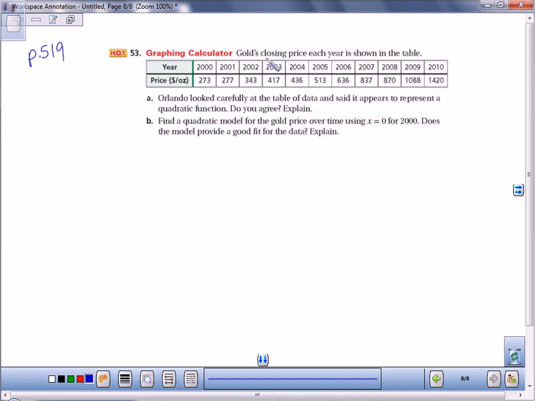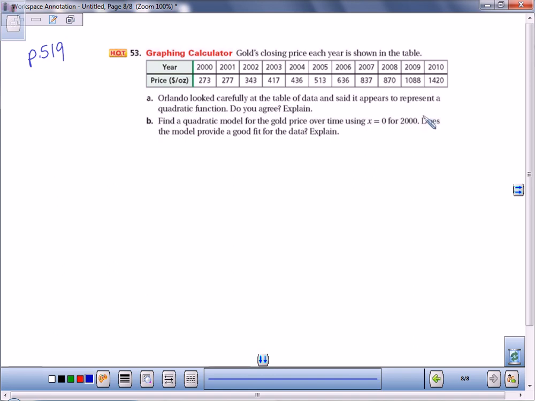Okay, this says gold's closing price each year is shown in the table. So we have the years 2000 to 2010 and the price of gold per ounce for those years. It says Orlando looked carefully at the data table and said it appears to represent a quadratic function.